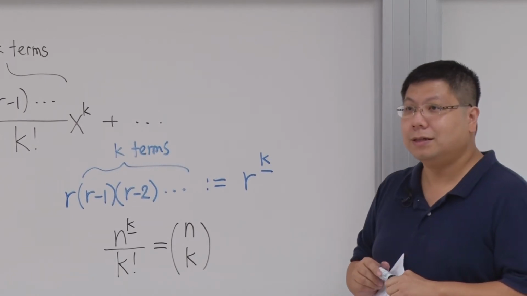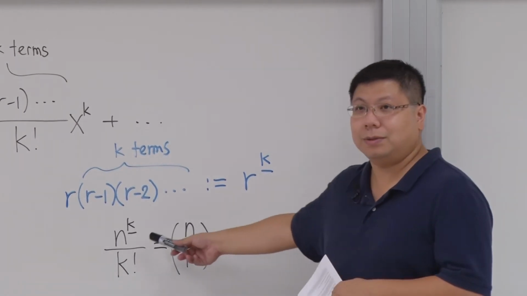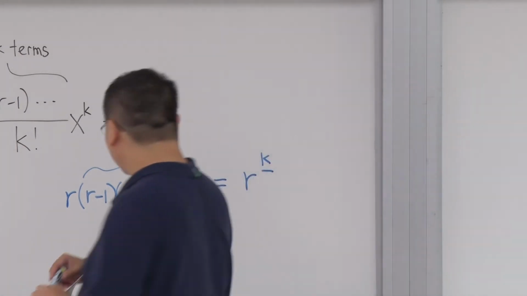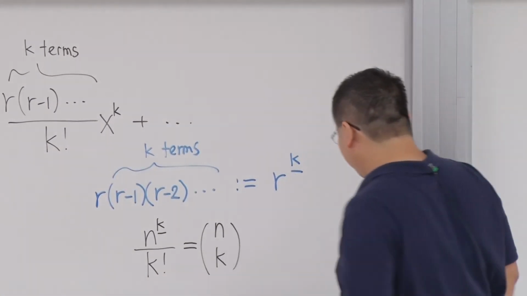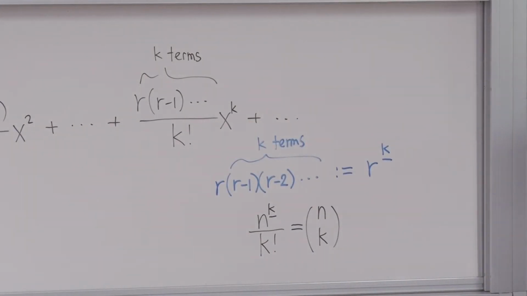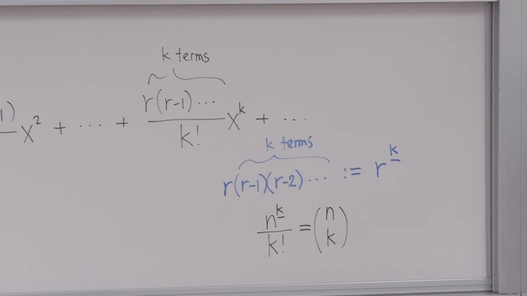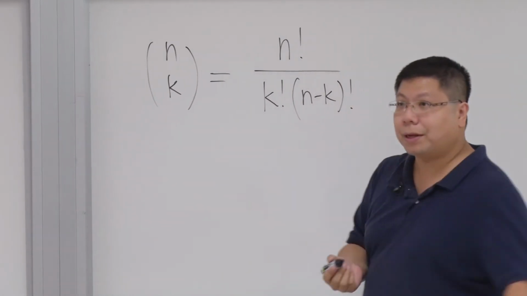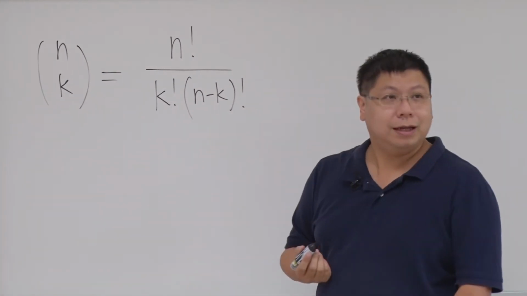Is that okay? So what is n choose k? Let me write on the board here. n choose k is equal to n factorial divided by k factorial times n minus k factorial. Am I correct? Is that okay?